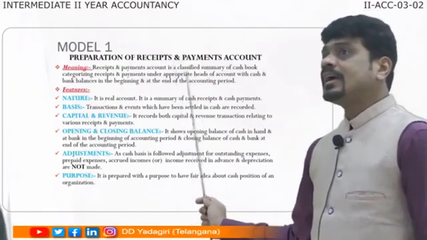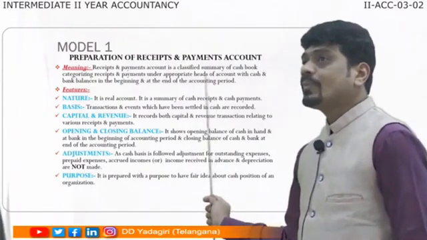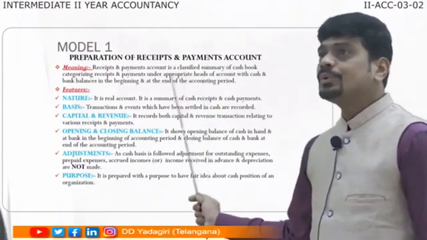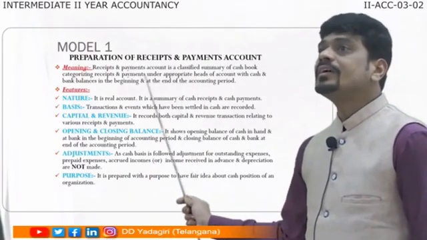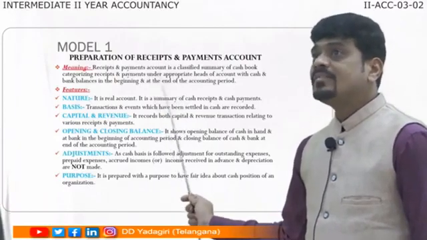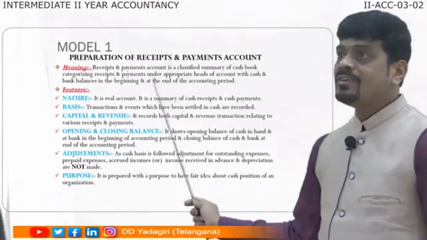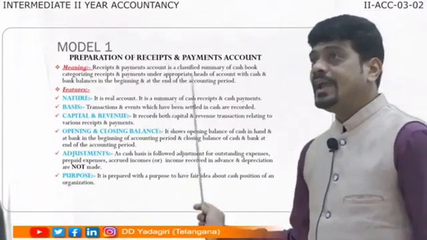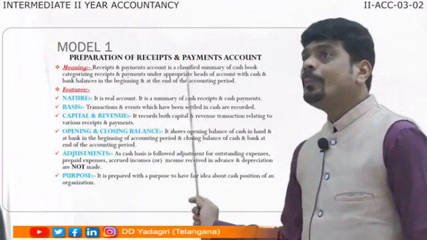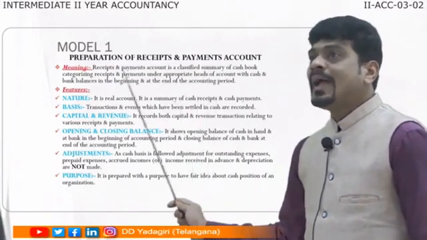Receipts and payments account is the classified summary of cash book, which is going to consider all the receipts and payments, including what? Including the balances of cash at the beginning and end. Now, when I say the opening balance of cash, it even includes the bank balance.